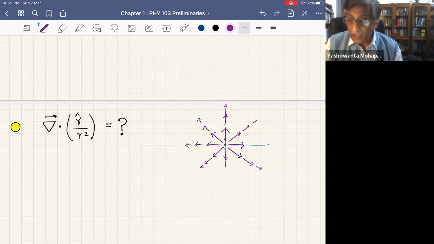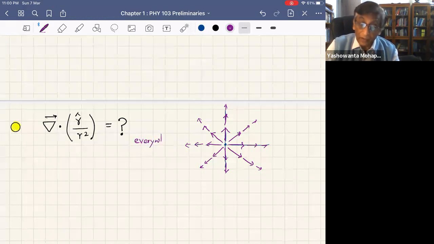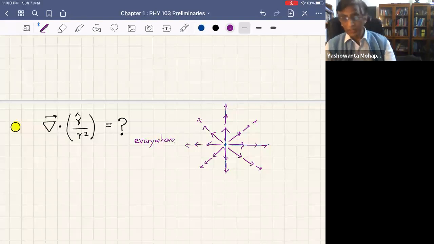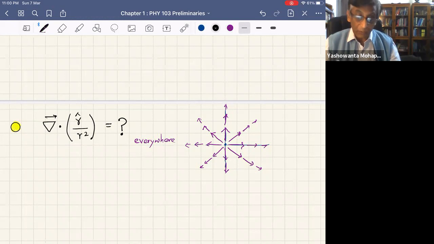I had given you this example in the lecture on divergence itself. So now, what is the divergence everywhere? This is spherically symmetric, and hence we can use the divergence formula. So this must be equal to, let's say, try and calculate using that.